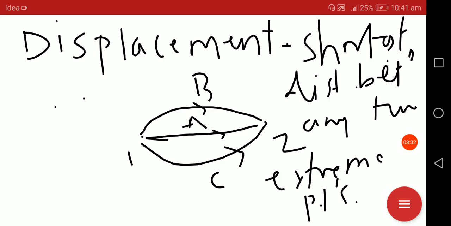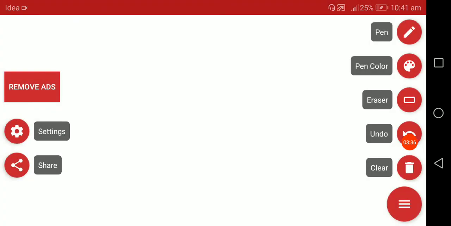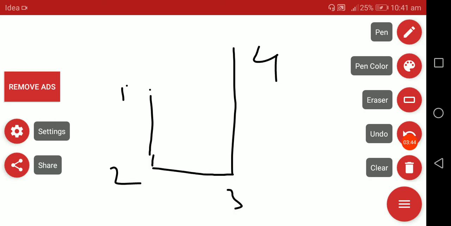Now I am taking the same example. Suppose I am traveling from position number 1 to position number 2, then from 2 to 3, again from 3 to 4. Now the distance traveled, suppose this is 2 kilometers, this is 3 kilometers, this is 4 kilometers, will be 9 kilometers. But my displacement will be the shortest distance between these two points.